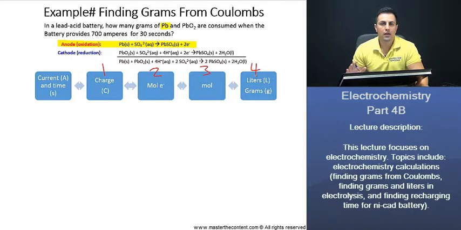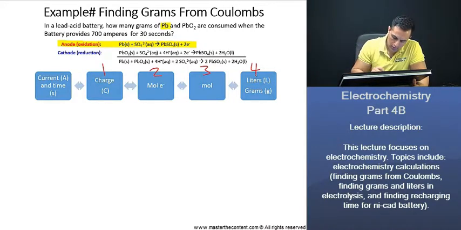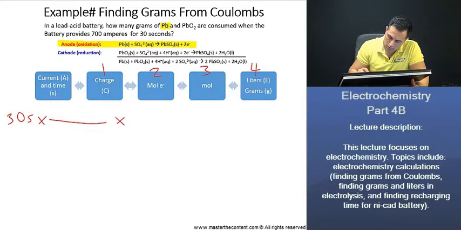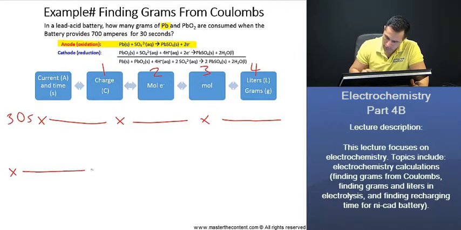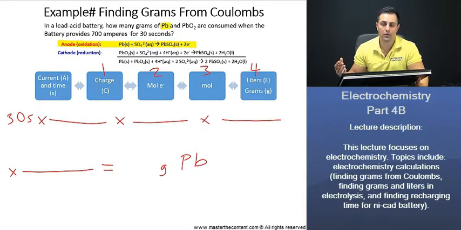We don't even need to write down the numbers. We can just write down our conversions initially, and that's going to give us our grams of lead. There we are. We're already set up.